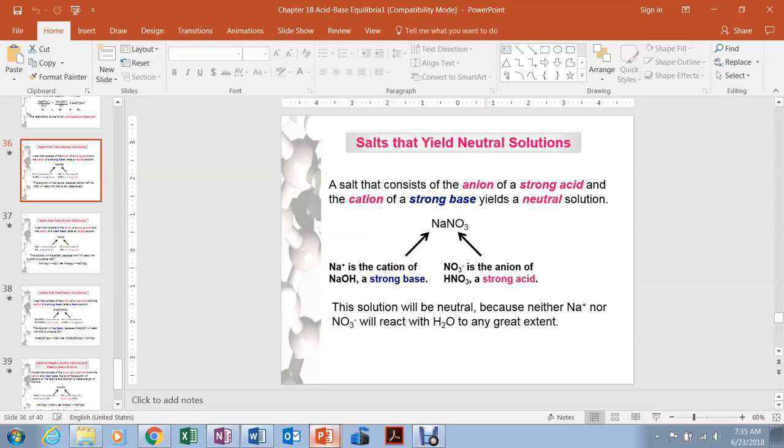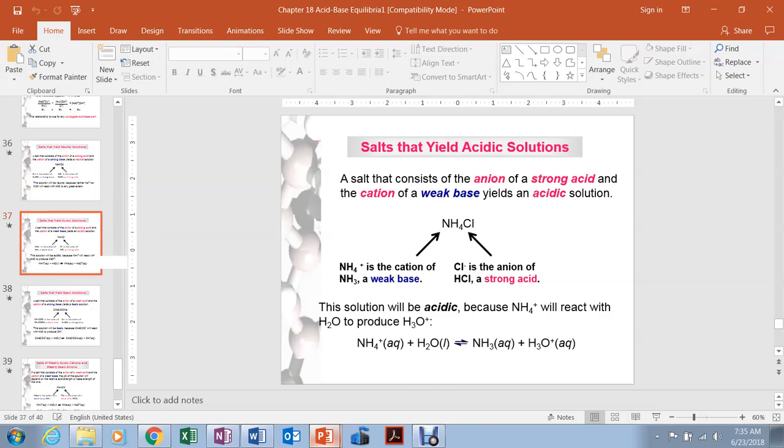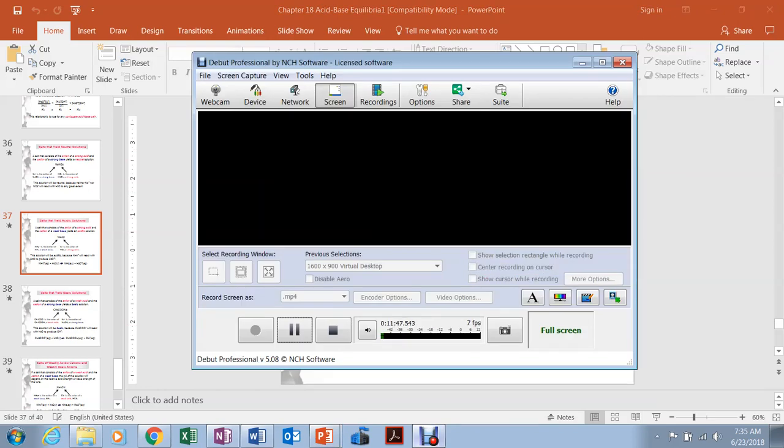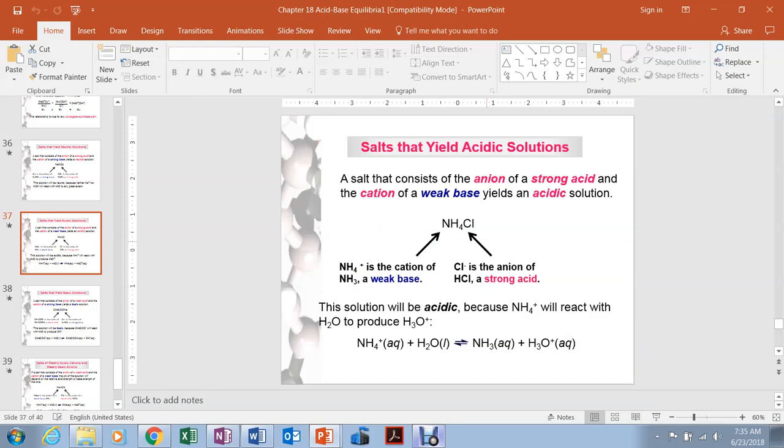So when in an aqueous solution, this salt doesn't produce hydronium or hydroxide, so it's neutral. Remember, if you don't have a concentration of hydronium greater than the concentration of OH, it is neutral. So this one is neutral.